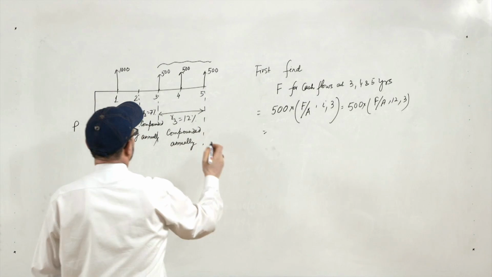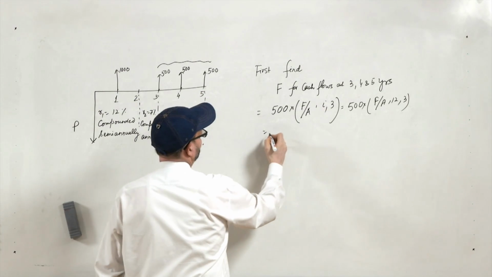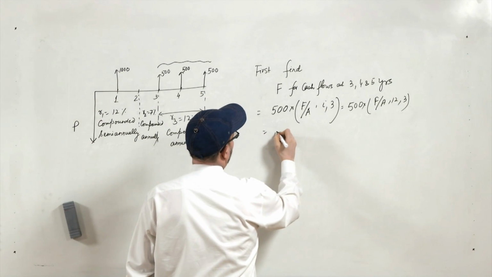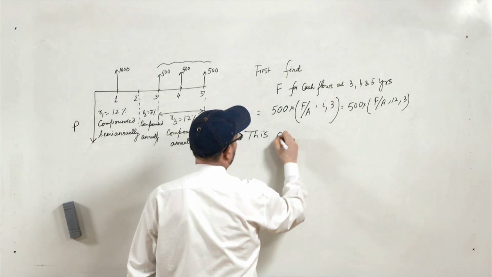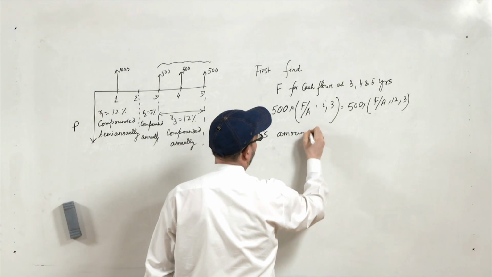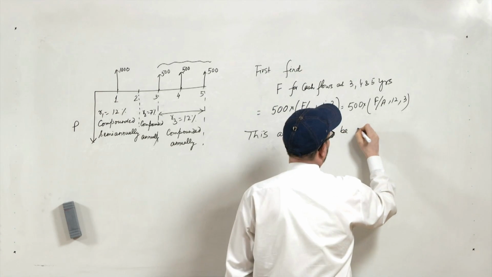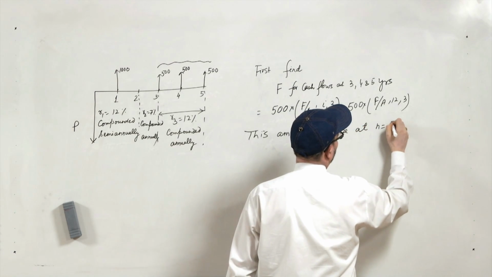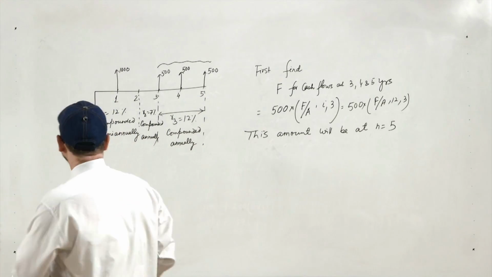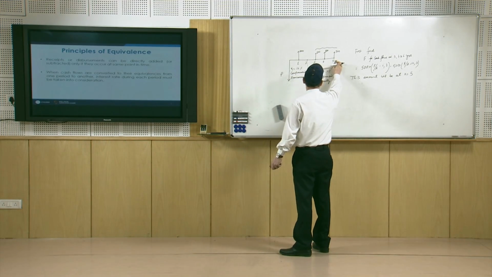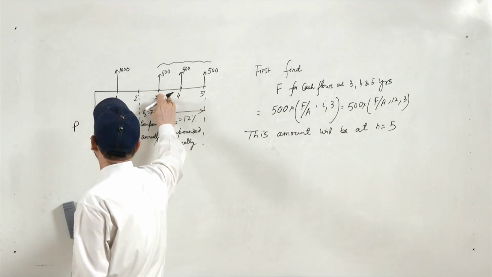Further, once we get this value, this amount will be at n equal to 5. Now, this amount is to be converted to this particular time.